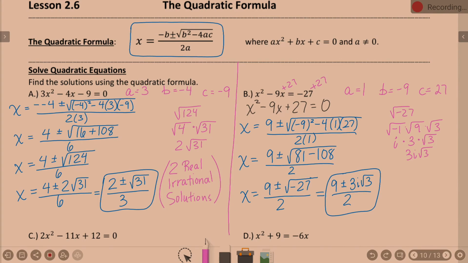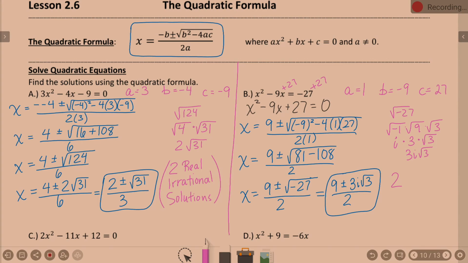Now, how many solutions do we have? 2. Are they real? No. They're not real because there is an i. The vocabulary I have written here is non-real, or imaginary. And because they are imaginary, I don't know if you guys remember when I taught 2-4 last week, those a plus bi form numbers were called complex numbers. Yes, we call them imaginary numbers, but the more official, broader category is that they are complex numbers.